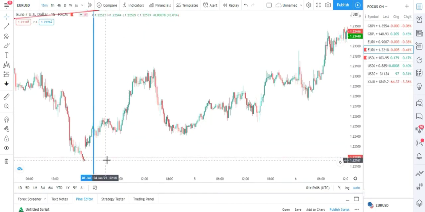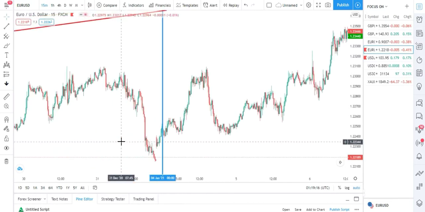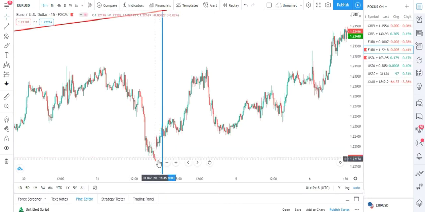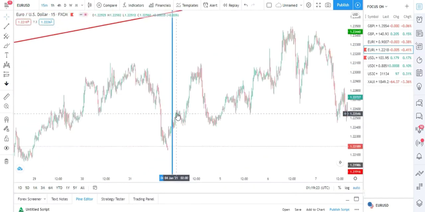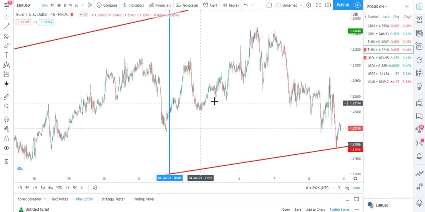And also here, what I didn't see was this gap here, which wasn't filled. Gaps are always filled. When a gap happens in the market, it's always going to be filled, and I didn't notice that. If I did, I would have known that, okay, eventually, because it hasn't been filled, it's going to come back. And that could have been a confluence for me.